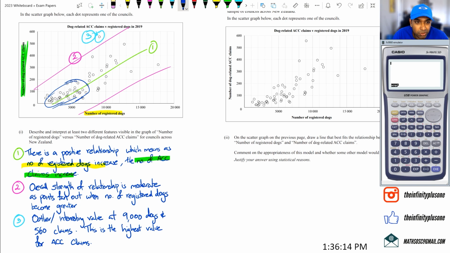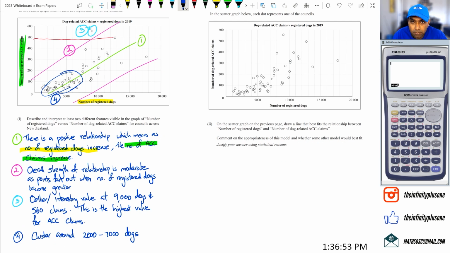One of the important things to notice is that this is the highest value for the ACC claims, because if you think about it, the one below that is somewhere around that 500 mark. And bullet point number 4 that I'm going to be talking about is the small cluster there. So there we go. That's that blue, weird looking part that I've marked out on the graph itself.